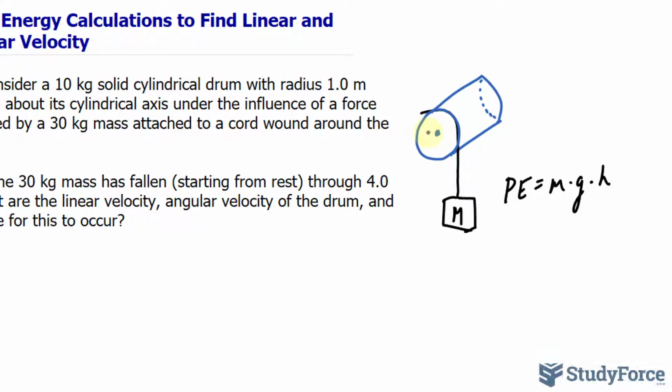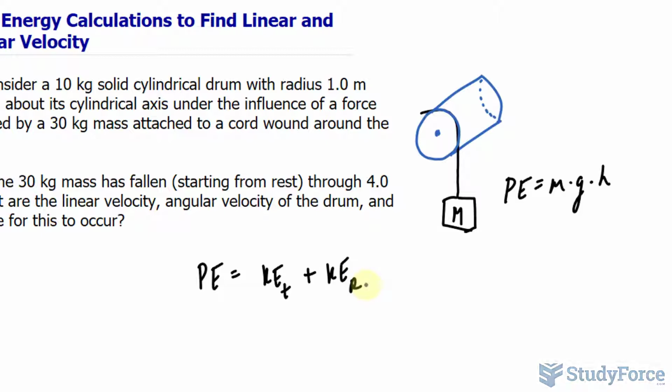To represent that mathematically, we will say that the potential energy goes into the kinetic energy as it falls down, plus the kinetic energy required to rotate this drum, which is called the rotational kinetic energy. I'll call this the translational, and the energy required to rotate it the kinetic energy rotational.